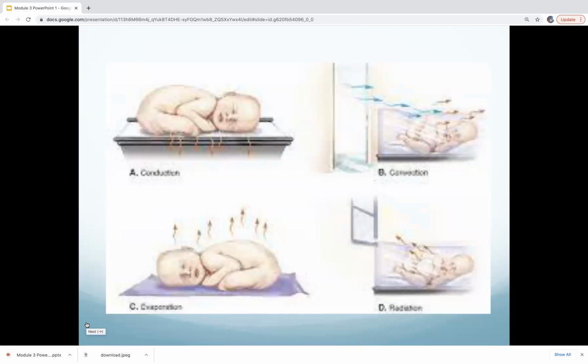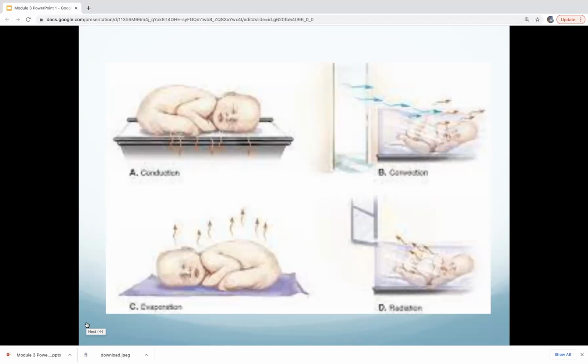So let's talk about the first one, conduction. Conduction is the transfer of heat to a cooler surface by direct skin contact, such as cold hands of the caregiver or cold equipment. So let's look at picture A. Conduction, transfer of heat to a cooler surface.